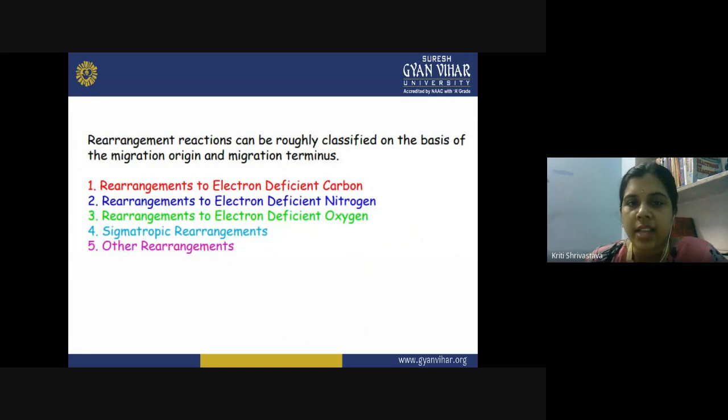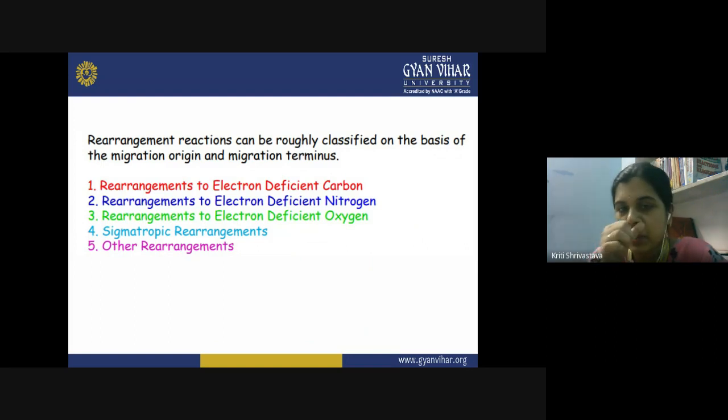So we have seen that molecular rearrangement reactions can be intermolecular rearrangement or intramolecular rearrangement, and we can classify all of them on the basis of the migration origin and migration terminus.